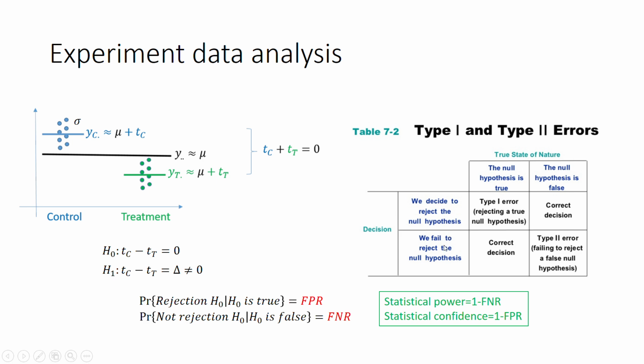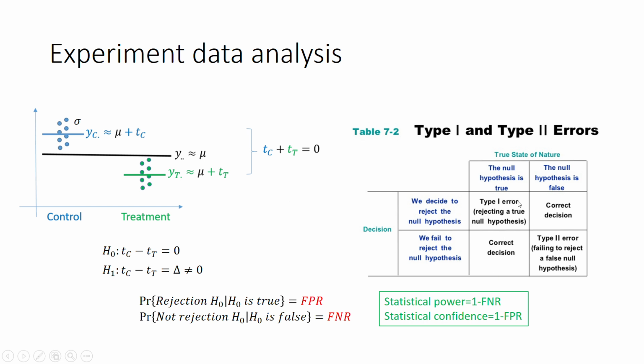So if you fail to reject the null hypothesis, then for the moment you are bound to believe that there is no difference, or if there is a difference, you have not been able to detect it. So if the null hypothesis is true and you reject it, then you have done the correct decision. If the null hypothesis is true and you don't reject it, then you have also taken the correct decision.